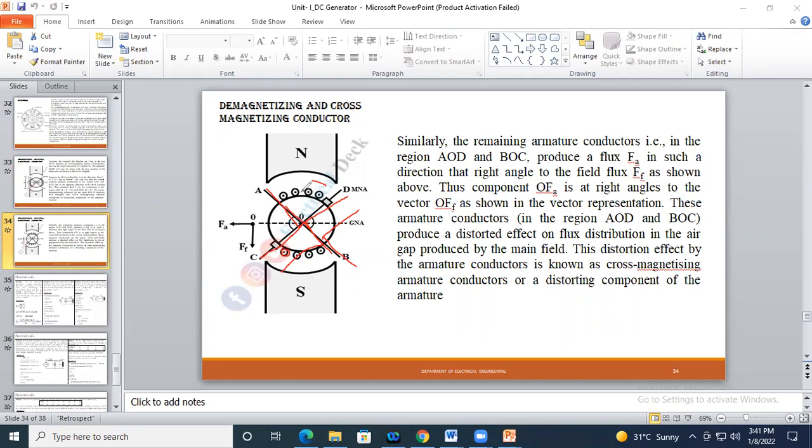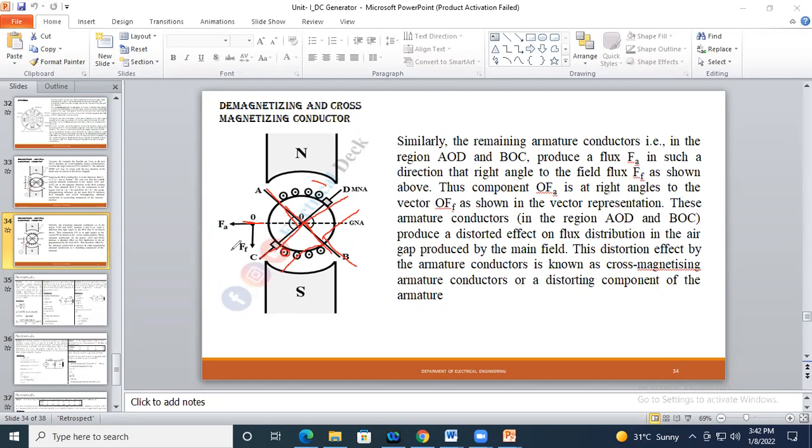That means the mmf produced due to those conductors is at a right angle to the main field flux, so we can call it a cross magnetizing conductor of armature reaction.